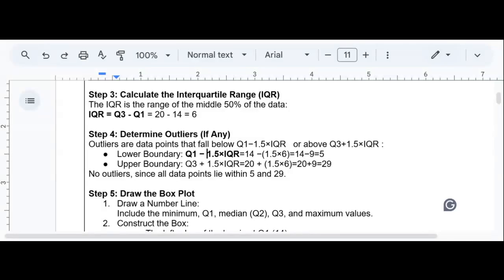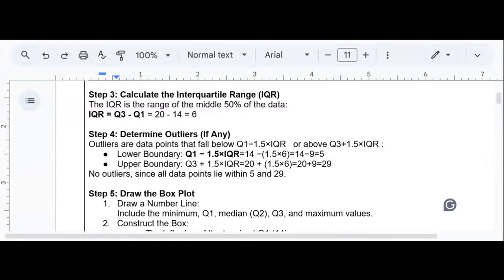Upper boundary will be what? Q3 plus 1.5 times the interquartile range. How much is the interquartile range? 6. 6 times 1.5 plus quartile 3.